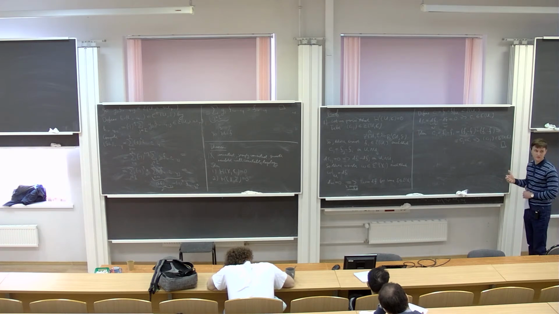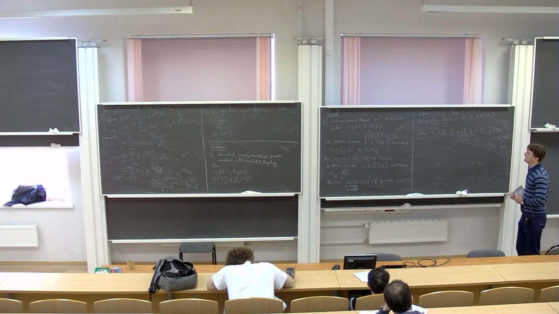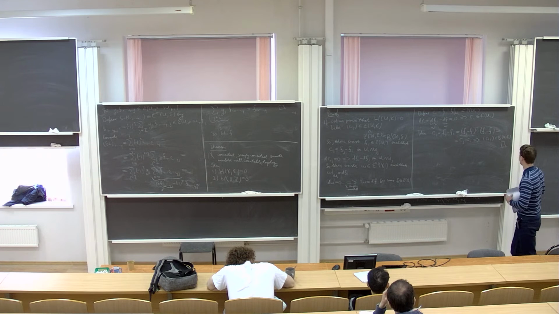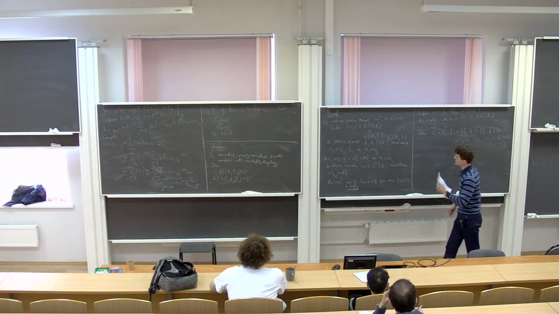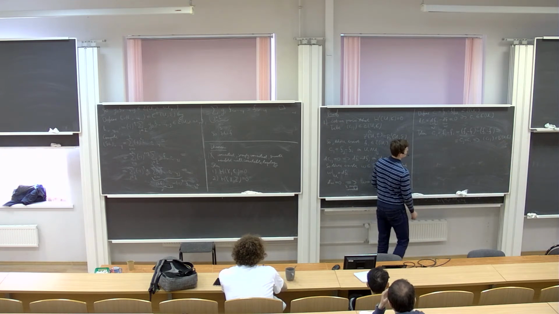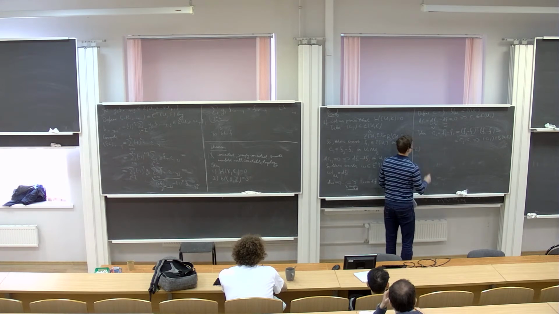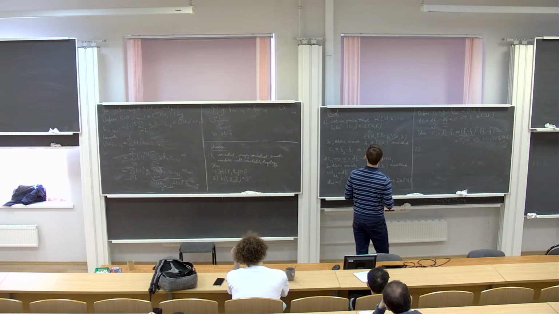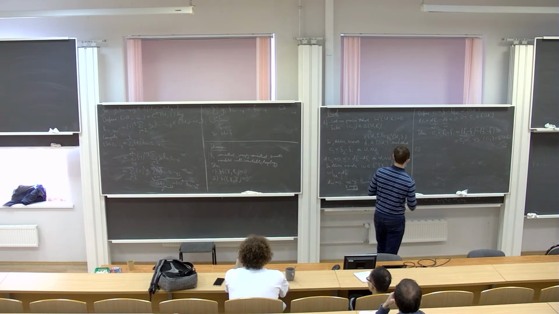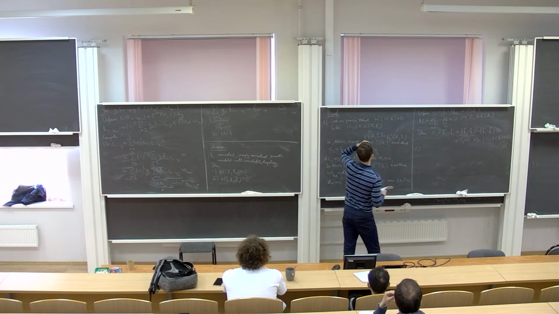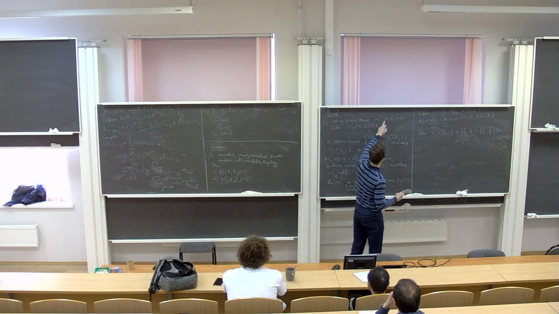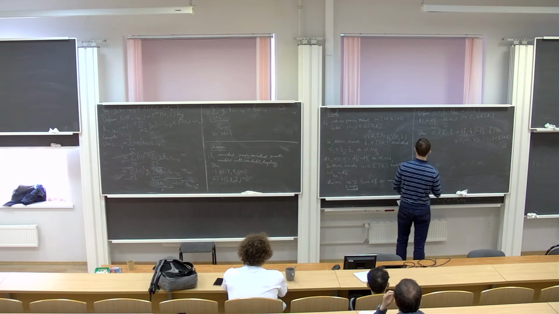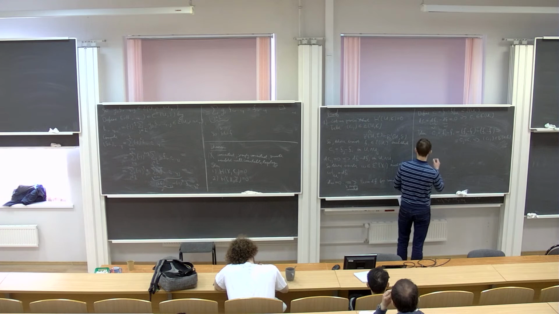Are there any questions about it? So it was the first part. Now the second part. So now we would like to prove that this group is 0 if we take the sheaf of locally constant Z-valued functions.